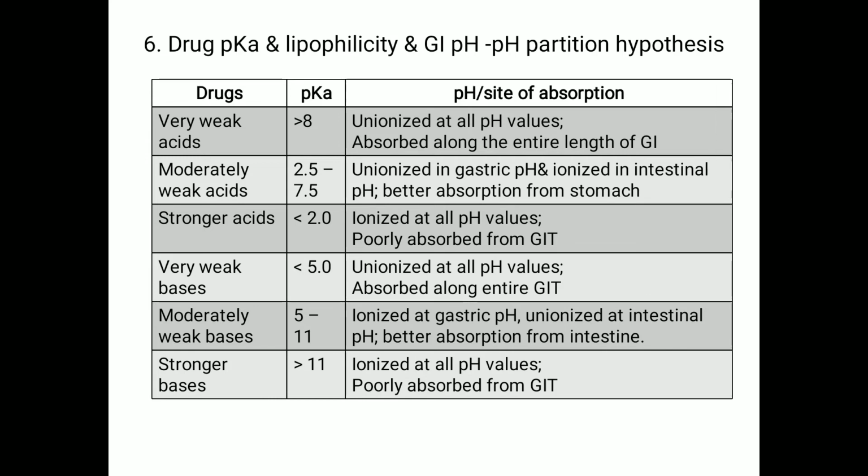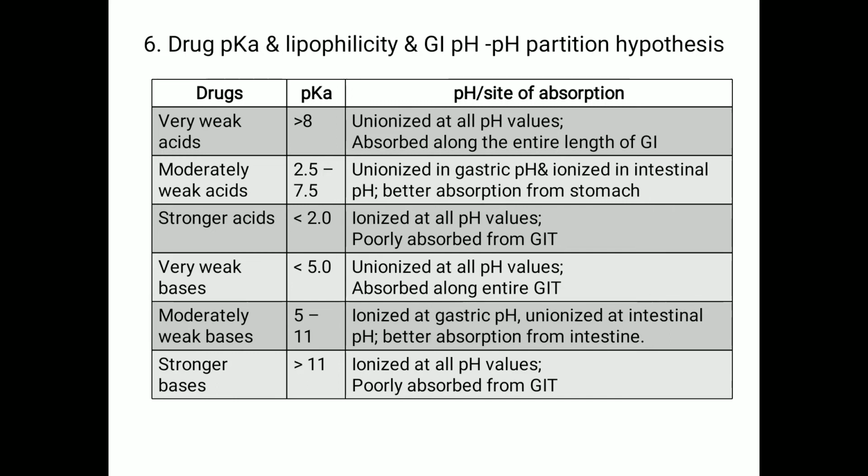The lower the pKa of an acidic drug, the stronger the acid, that is, the greater the proportion of ionized form at a particular pH. The higher the pKa of a basic drug, the stronger the base. Thus, from the knowledge of the pKa of the drug and the pH at the absorption site, the relative amount of ionized and unionized drug at a particular pH can be determined.